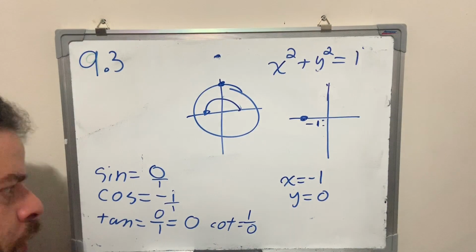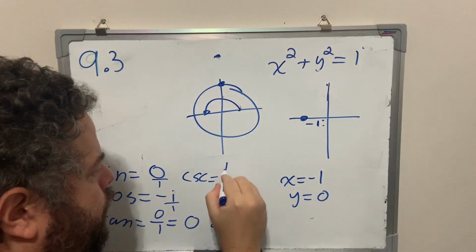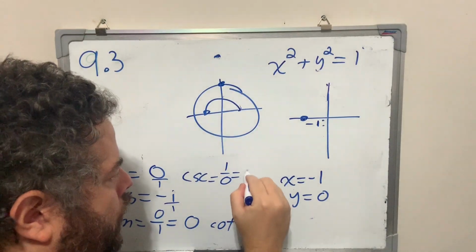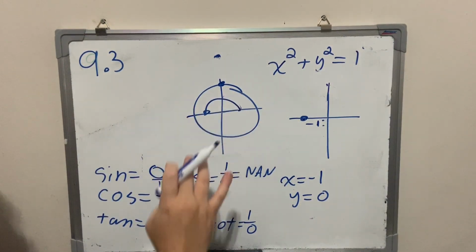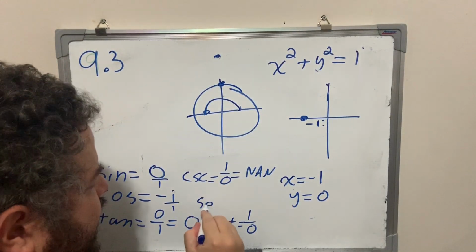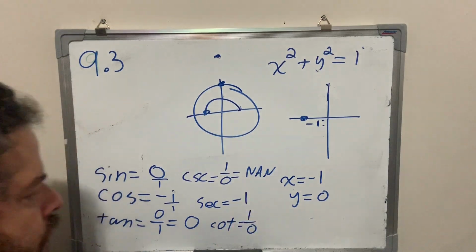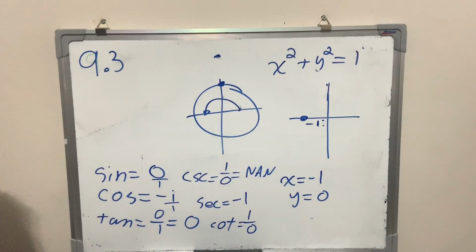But what happens when I do the inverse? I know that cosecant would be 1 over 0, not a number. Cosecant of 180 degrees does not exist. Secant would still be -1, because 1 divided by -1, the inverse, would still be -1.